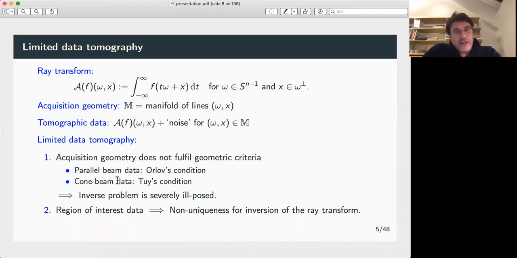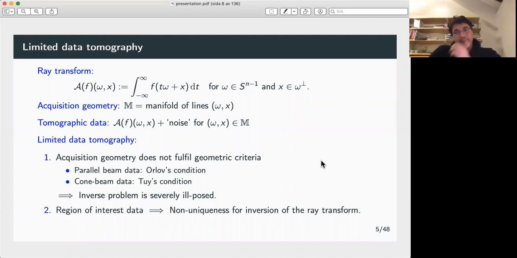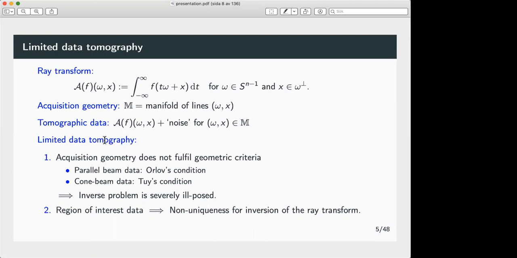When these conditions are not fulfilled, you end up with a severely ill-posed problem. And for region of interest, you even have problems where you have formal non-uniqueness. So for that reason, limited data tomography is something that you really try to avoid ending up in. If you can engineer your way out of it, you really do that. But in these examples I was showing you, there is no easy way for you to engineer your way out of these limited data issues.